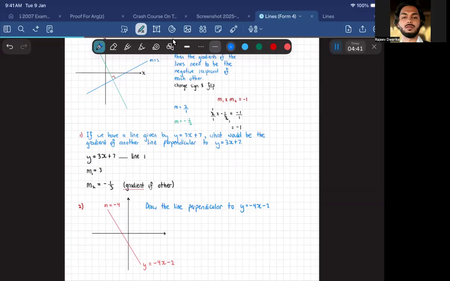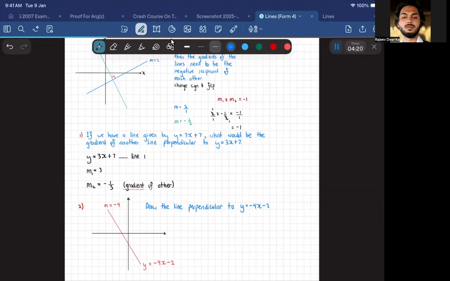So we are doing lines. Let me just tell you what we covered so far in all the past sessions coming up to this. We looked at the equation of a line, y equals mx plus c. We looked at how to find the gradient using 2 points, so (y2 minus y1) over (x2 minus x1).